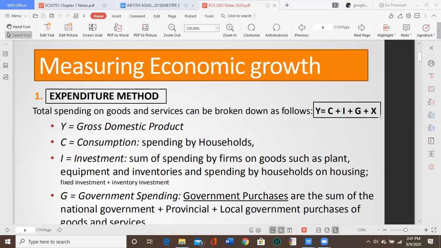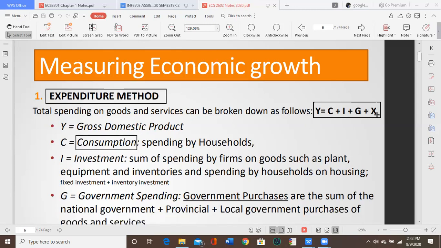This is the equation that we use to calculate GDP using the expenditure approach. Y is our output, the answer that we want to calculate. C is equal to consumption, plus investment, plus government expenditure.